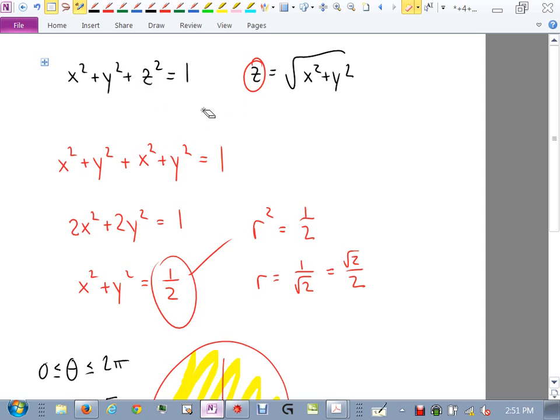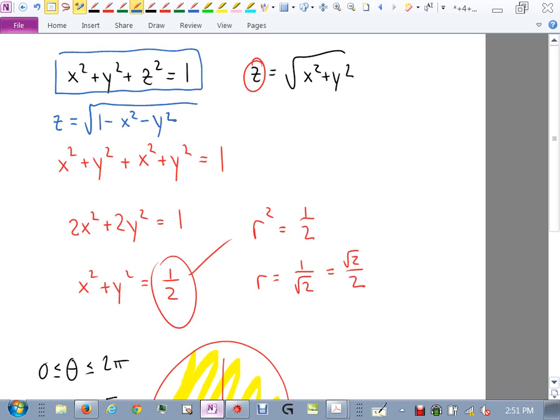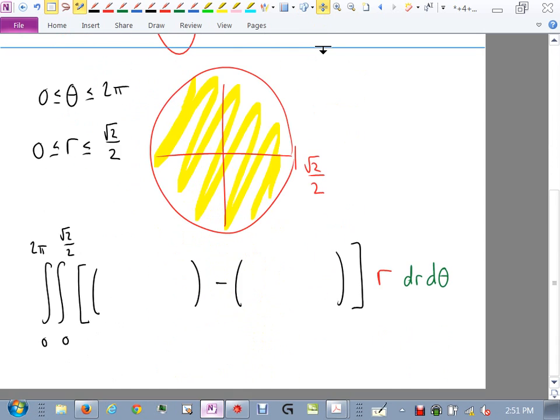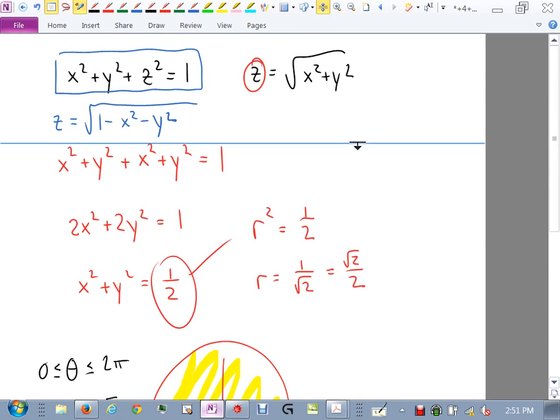Okay, so I'm going to come back up here. I want to take this right here. If you solve that for z, you would get this: z equals square root of 1 minus x squared minus y squared. Do y'all agree? I don't have any more room down there. The other one's already solved for z, isn't it?